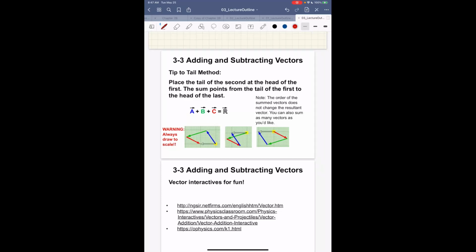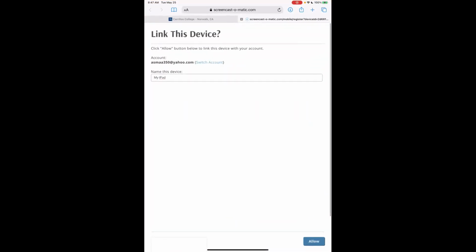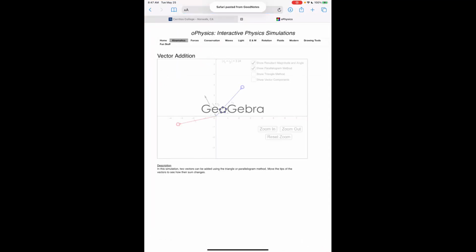Here I'm listing just some of the resources for adding vectors and subtracting vectors. I want to go to this one here just to show you a little bit. Let's see here, paste and go, vector addition.